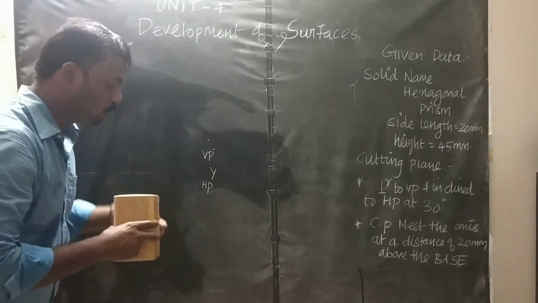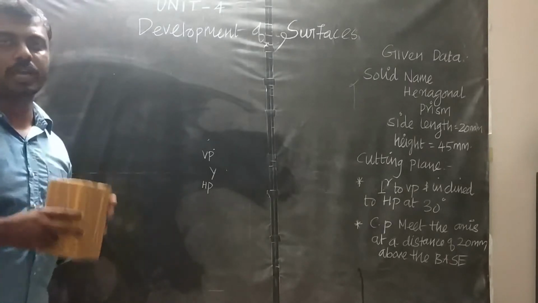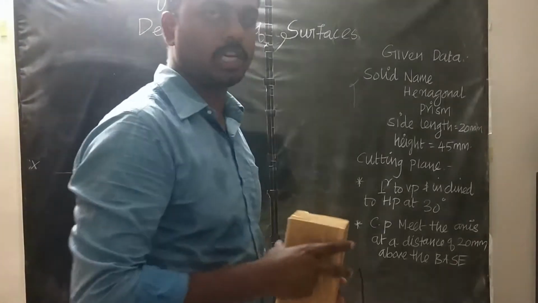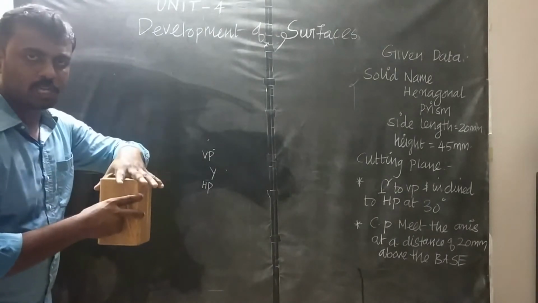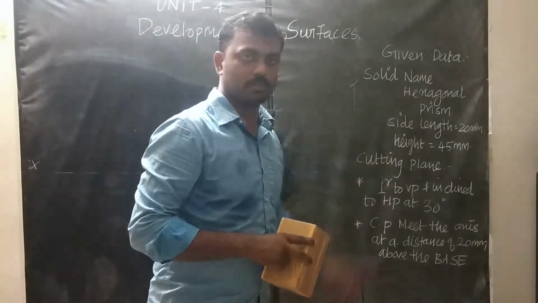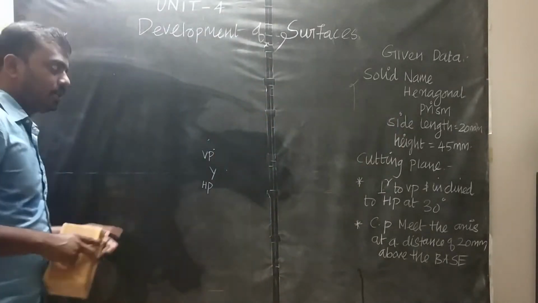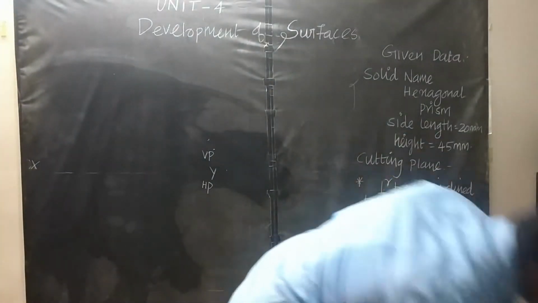In your top view, these edges are parallel to VP. Like that, draw this simple position. In your top view, the true shape projects on HP. Here the true shape is a hexagon, so draw the hexagon based on the given side length. Here the side length is 20 mm.